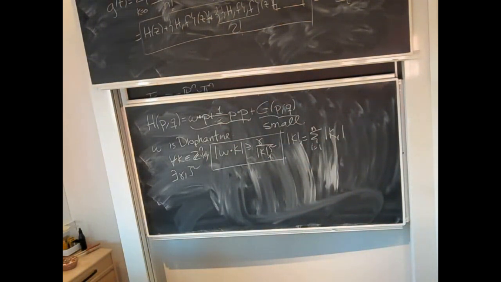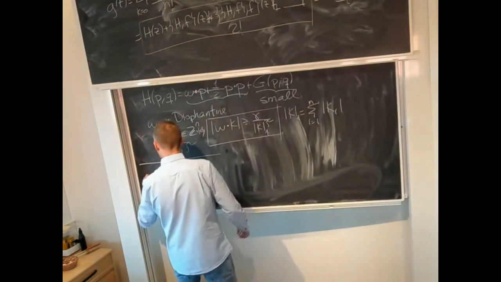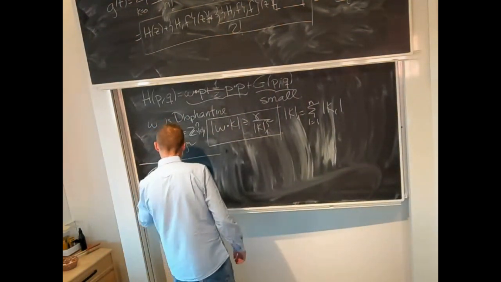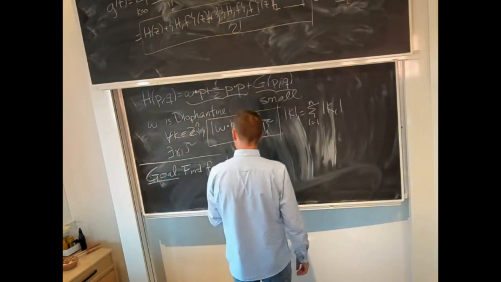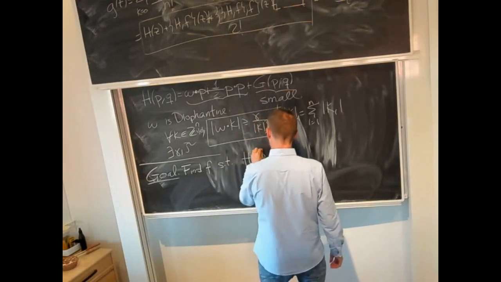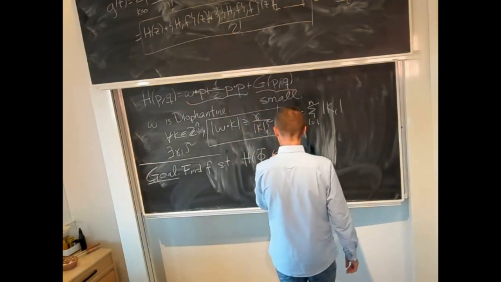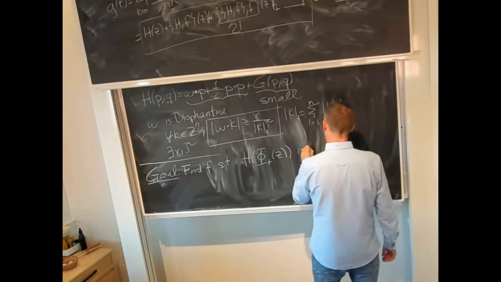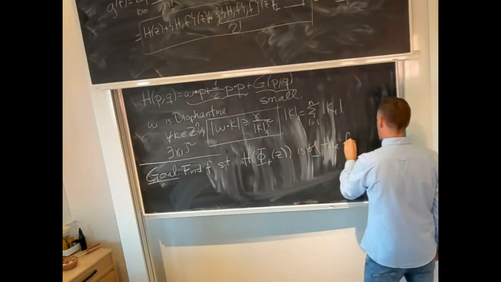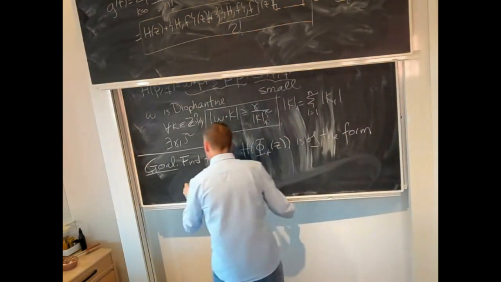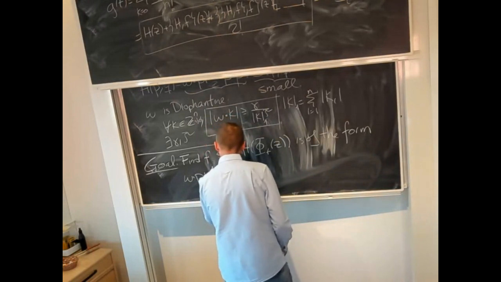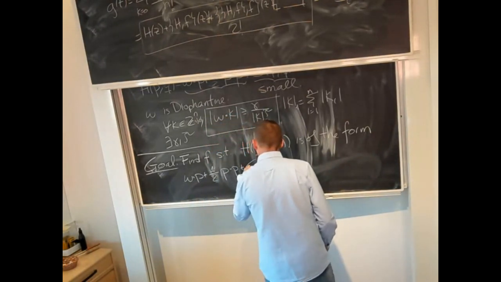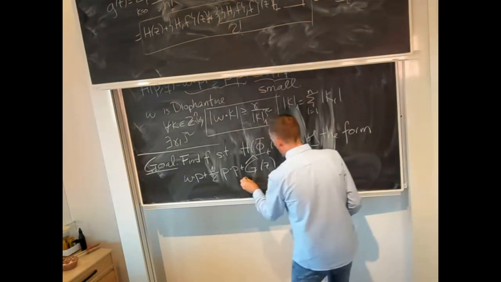And then, okay, so our goal: find f such that the new Hamiltonian is of the form this, where this is smaller.